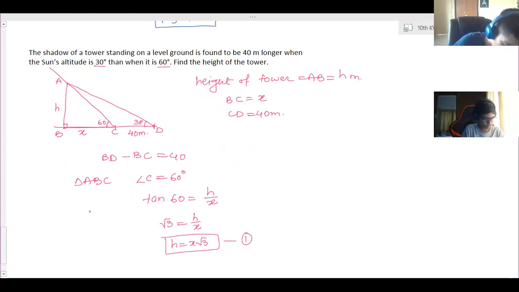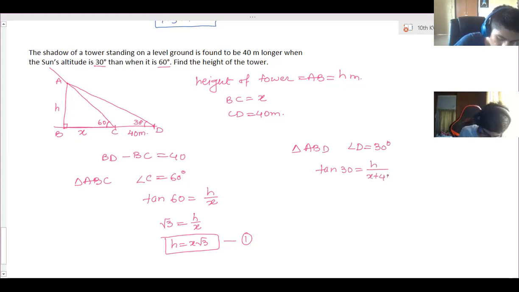Now we have to use the second triangle. Triangle ABD. Angle D is equal to 30 degrees. Tan 30 is equal to H by X plus 40. Tan 30 is 1 by root 3, equal to H by X plus 40.